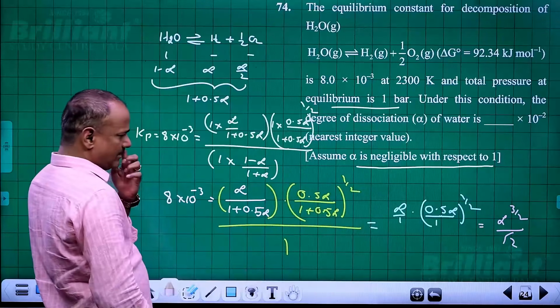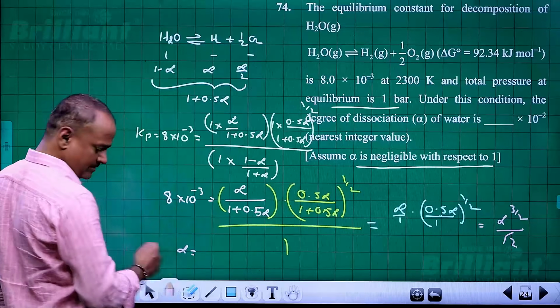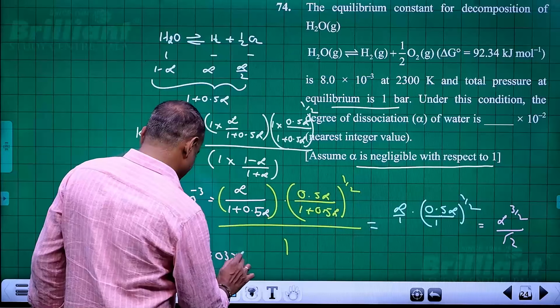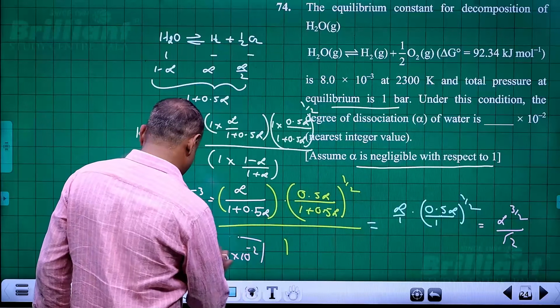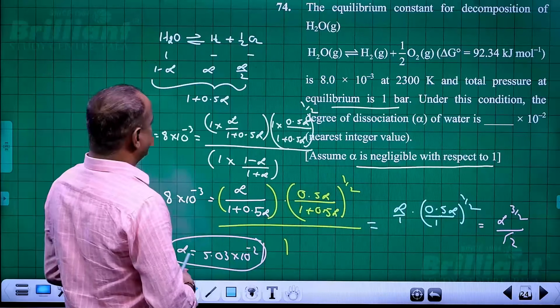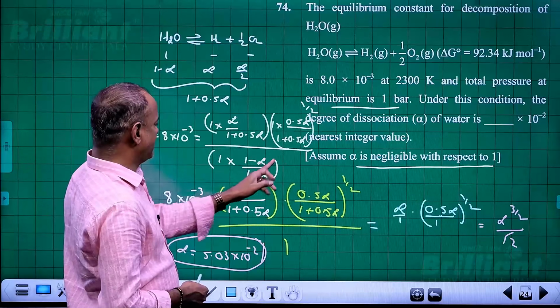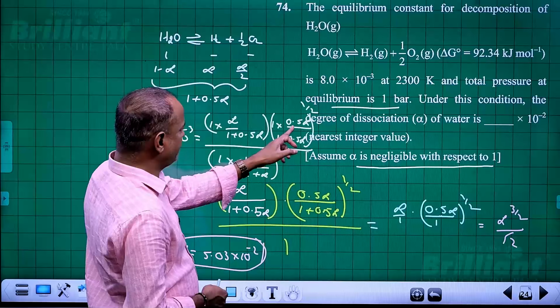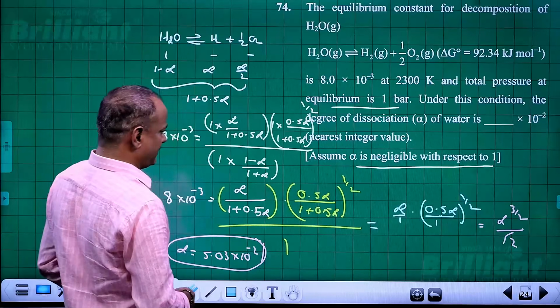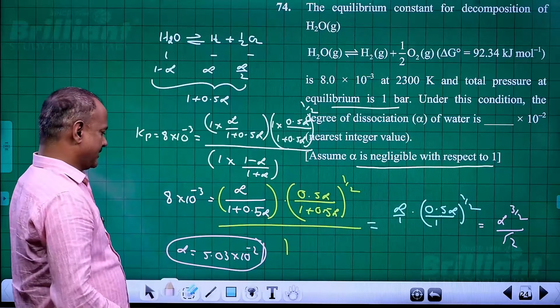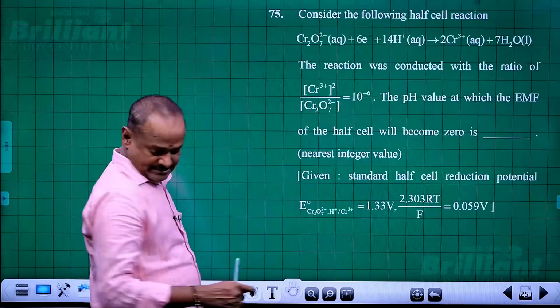On solving, alpha becomes 5.03 into 10 raised to minus 2. Here 1 plus 0.5 alpha is taken as 1 only, that's why these are neglected. Only the root of 0.5 alpha remains. So nearly 5.